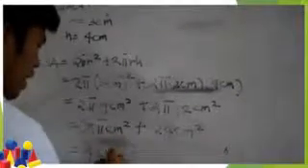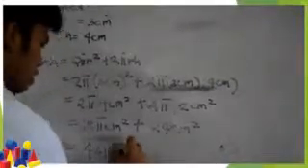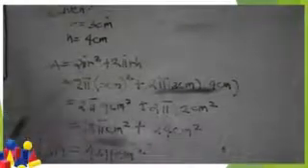Then combine or add them. So we have 42 pi centimeters squared. So our surface area in this cylinder is 42 pi centimeters squared.